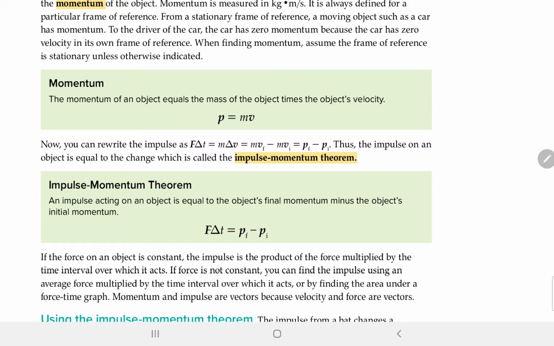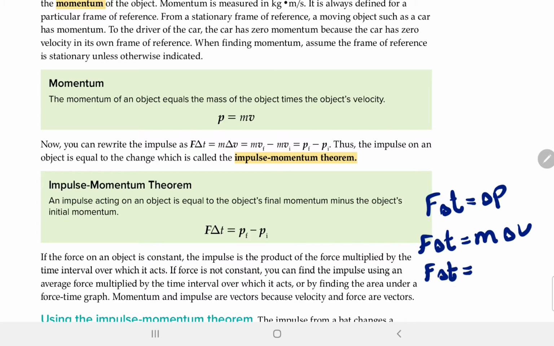This equation comes from delta P. That means F delta t equals delta P, because we know that F delta t, the general equation that we had in the beginning, equals m delta v, which equals m v final minus m v initial.